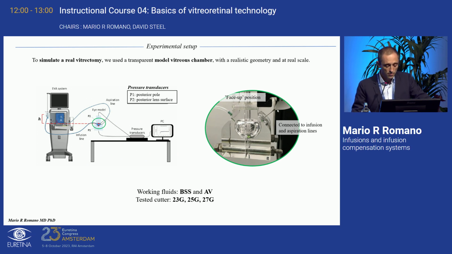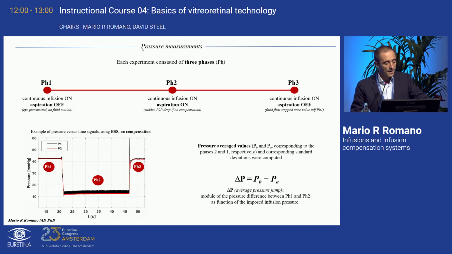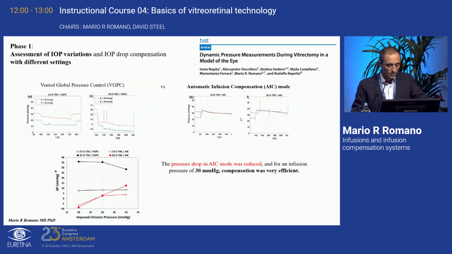It was a vitreous chamber, the same size as a human vitreous chamber, with two pressure transducers: one at the posterior pole, one just behind the lens. We tested 23, 25, and 27 gauge in order to find the right pressure to best compensate the IOP. The infusion was on in all three phases, and the aspiration was off, then on, and then off again. We measured the delta pressure.